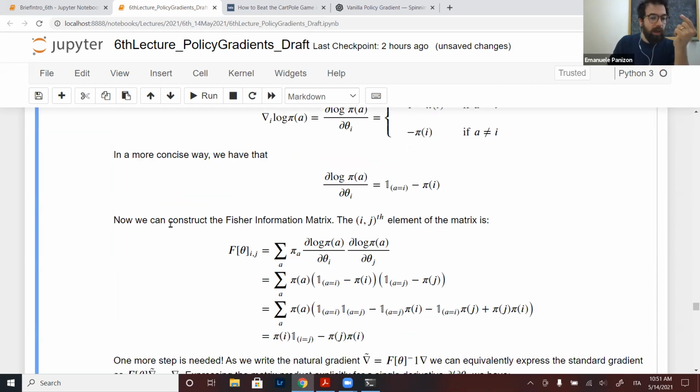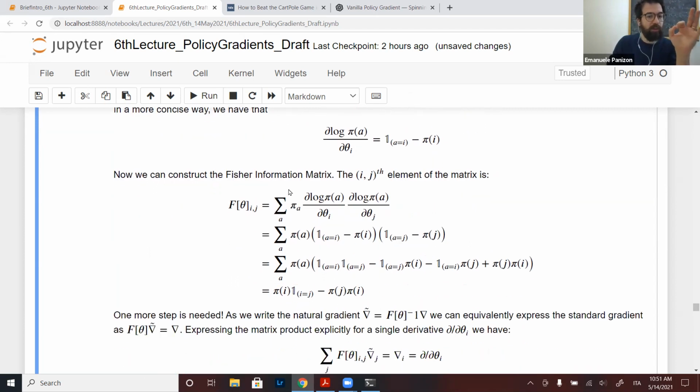Now we can construct mathematically the Fisher information matrix. The element ij, this first line is the definition: the sum over all possible actions of the probability of taking that action, times the derivative of log π with respect to theta I, times the derivative of log π with respect to theta j.